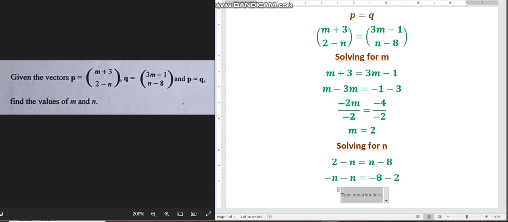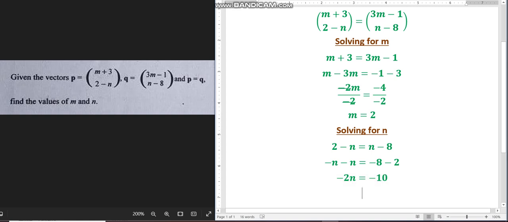In our next step, we are going to apply our knowledge of algebra. Negative n minus n gives us negative 2n, which will be equal to negative 10.